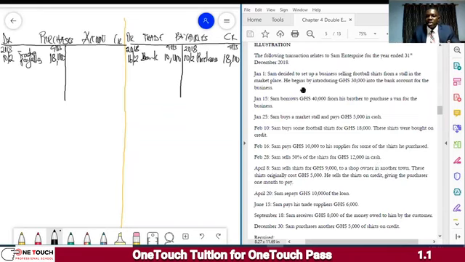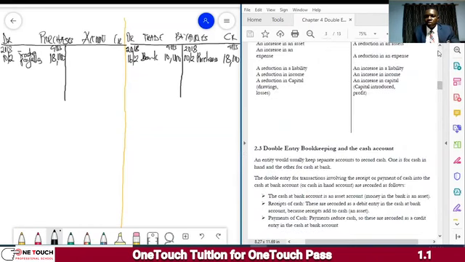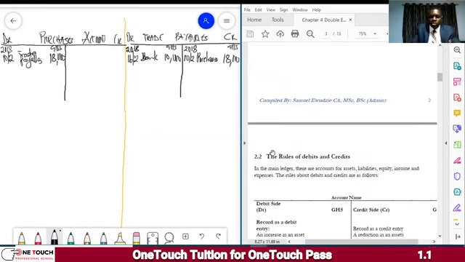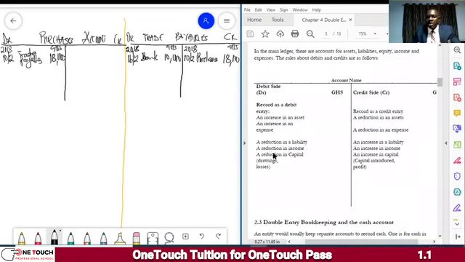Good. Let's revisit it. So these are the rules of debit and credit. Record as credit entry a reduction in an asset, a reduction in an expense, an increase in liability, an increase in income.